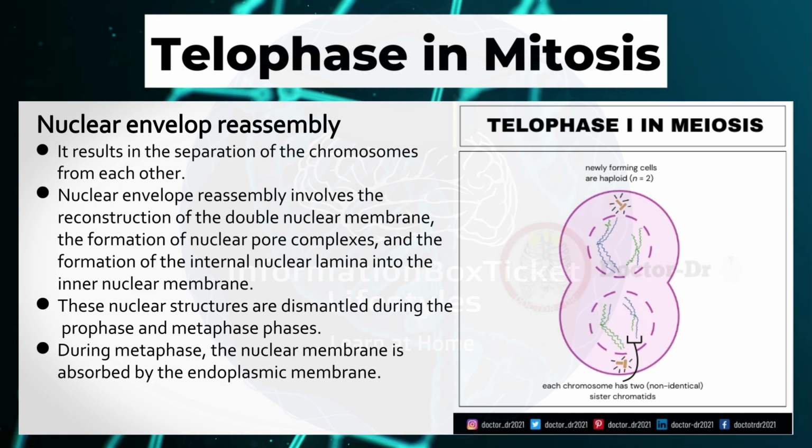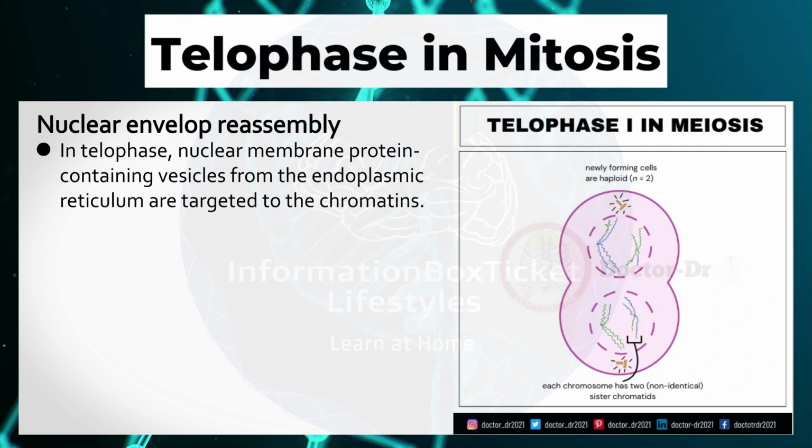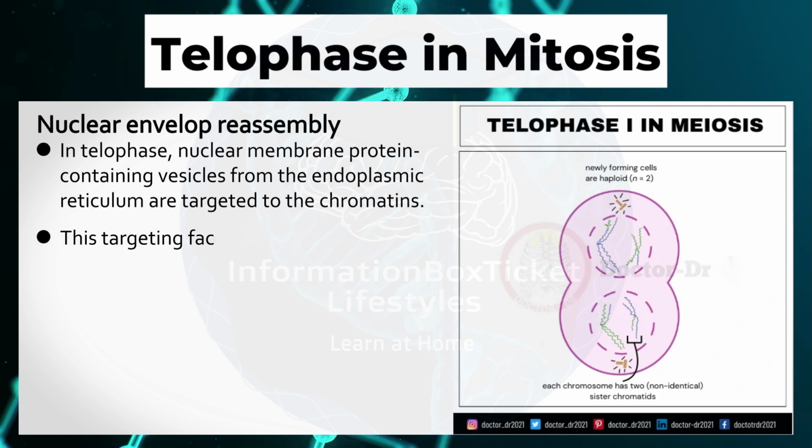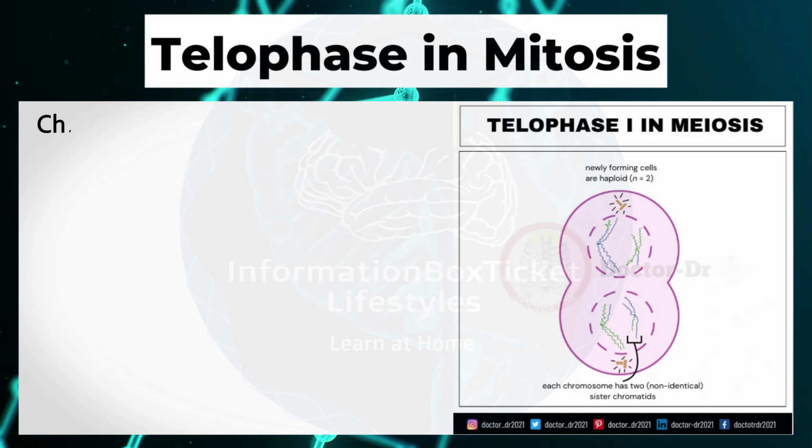During metaphase, the nuclear membrane is absorbed by the endoplasmic membrane. In telophase, nuclear membrane protein-containing vesicles from the endoplasmic reticulum are targeted to the chromatins. This targeting facilitates the formation of the nuclear envelope and the reestablishment of the double-layered nuclear membrane.